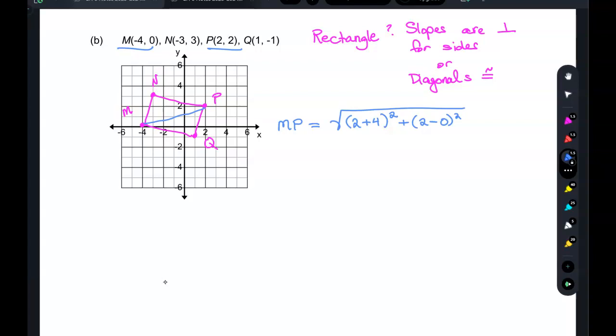This will be 6 squared is 36 plus 4. So square root of 40, which is 2 root 10. Good. It's okay if you need to show a few steps. All I need to see is the setup. And we want to check is NQ the same.